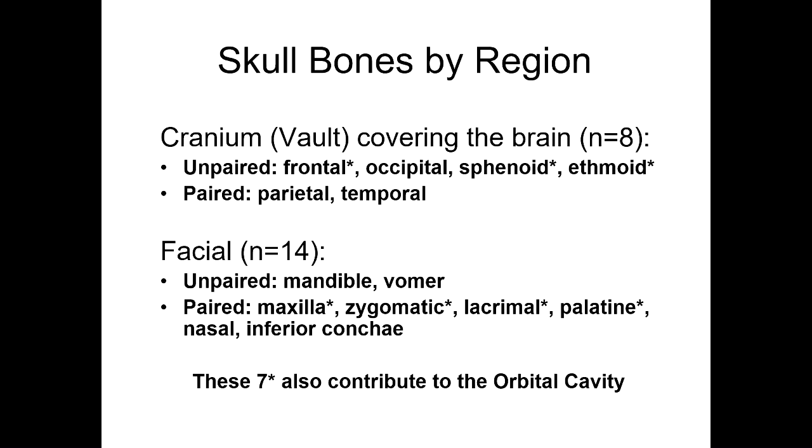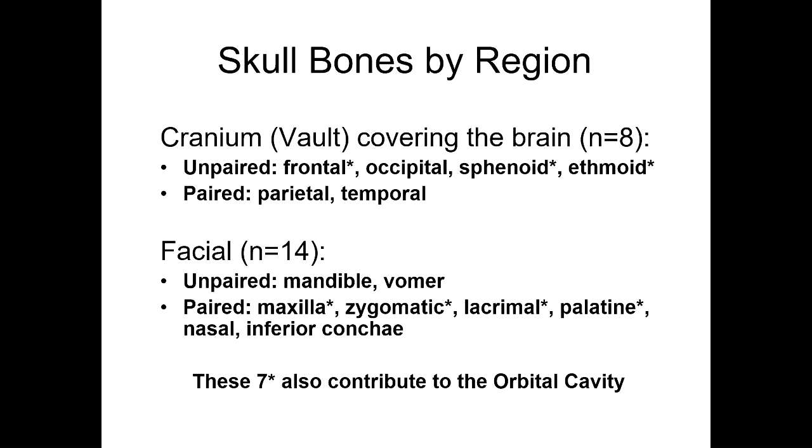In fact, the back of the orbit is sphenoid bone, the medial wall of the orbit is ethmoid, but they also protect part of your brain. The other 2 bones are paired, so you have one of these on the left and one on the right, and they're called the parietal bones and the temporal bones.